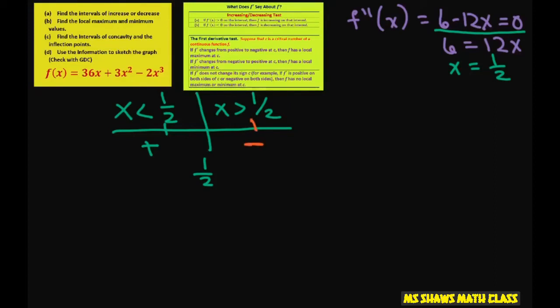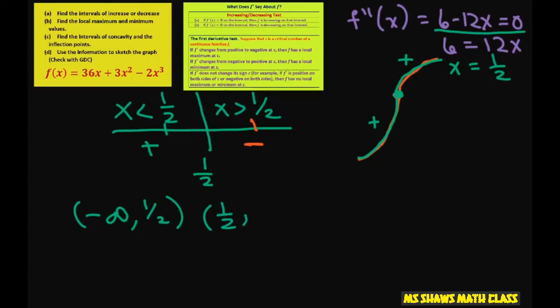So that basically means it's concave up. I'll do it over here. Some kind of graph that's concave up. And then it starts concaving down like this. But as you notice, our interval here is still increasing. But an inflection point is the change in concavity. So the intervals of concavity are negative infinity to 1/2 and 1/2 to infinity.